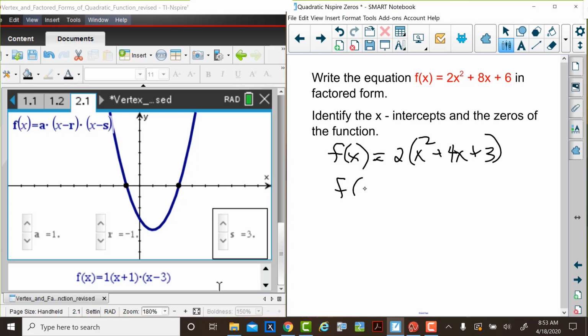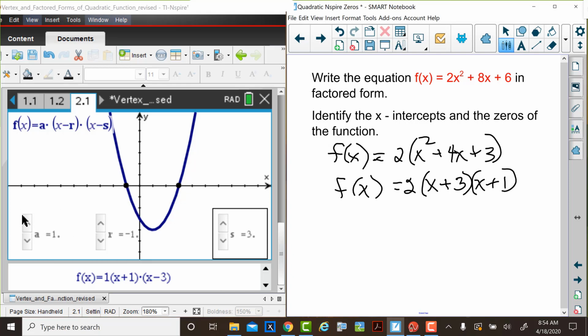Then we can factor the trinomial, to be 2 multiplied by x plus 3 times x plus 1. And of course, you may have written that as 2 multiplied by x plus 1 times x plus 3; with the commutative property, the order of those two factors does not matter.